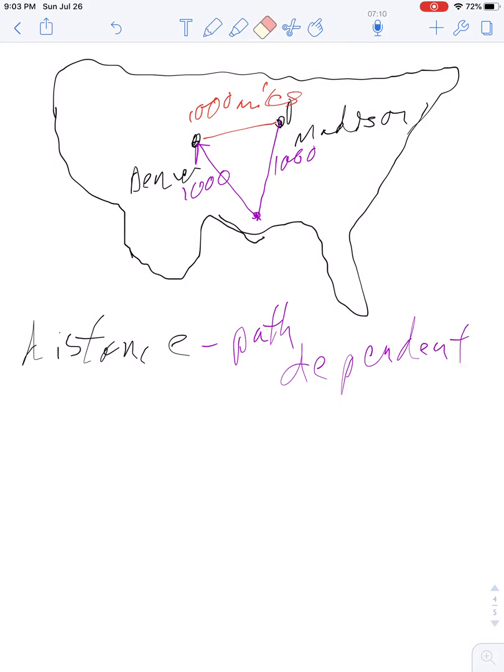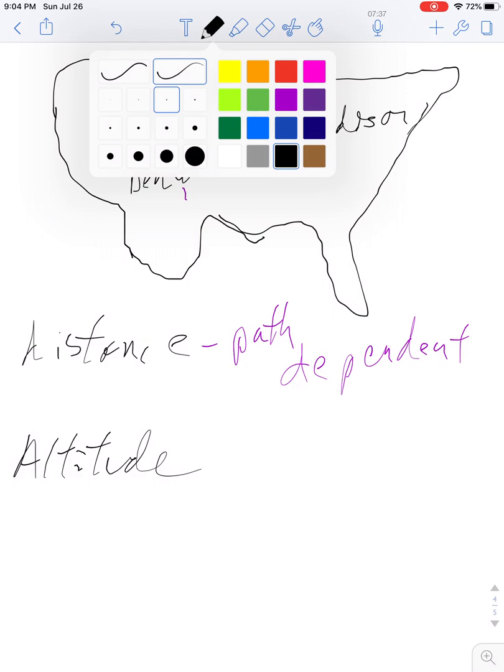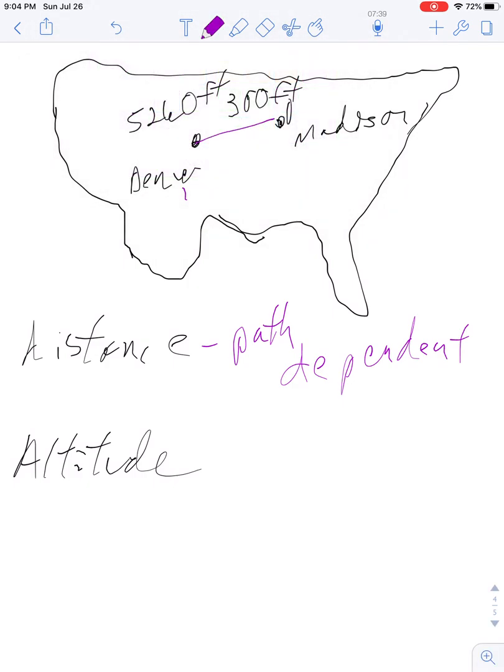Now, how about a different scenario? What if I asked you about altitude? Madison is at 300 feet above sea level. Denver is 5,260 feet above sea level. So if I asked you, what is my change in altitude when going from Madison to Denver?